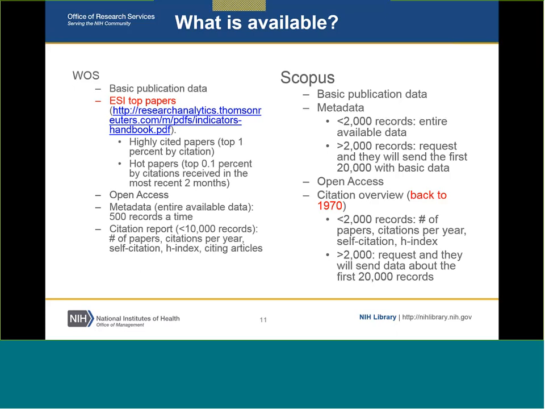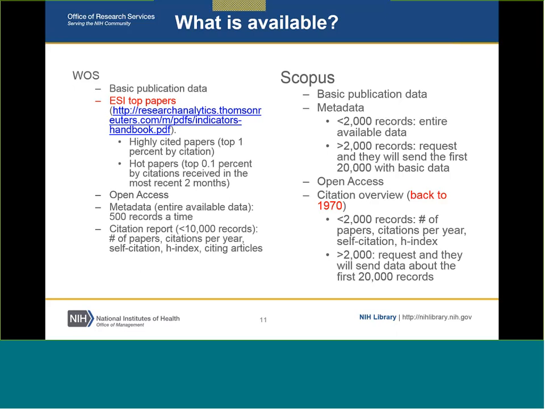So if your data set is larger than 2,000, a better way is probably to slice your data into different chunks so that each chunk is smaller than 2,000, and then you can aggregate them together to get your numbers. Okay. They also provide you with the numbers of which articles are published in open access journals.